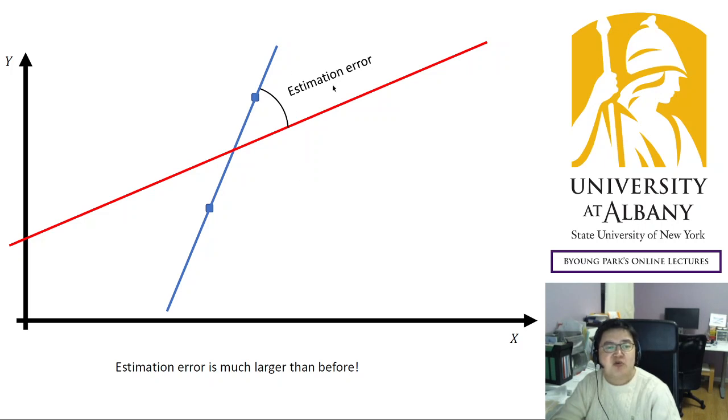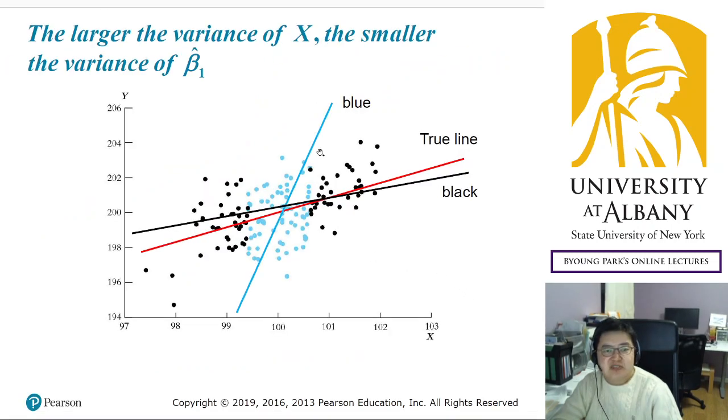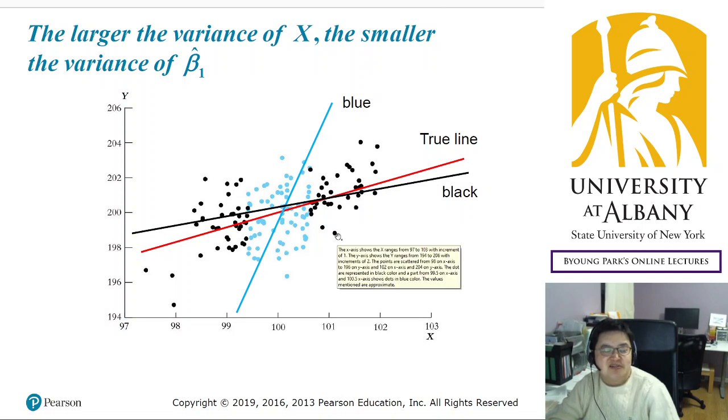Now think about this example. It is the same idea from this graph, but it is from the textbook, and I made up my own explanation, which I believe is better than what the textbook does.